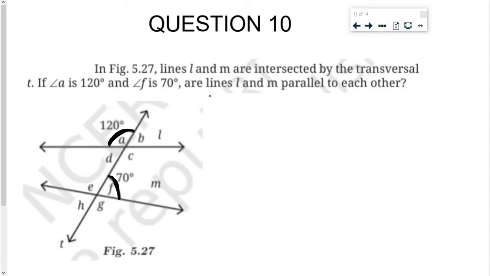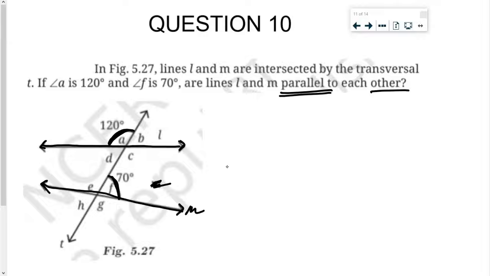Now the question comes, are these two lines, L and M, parallel to each other?